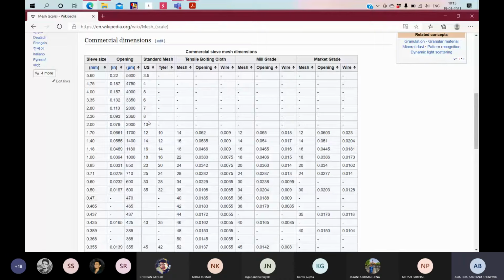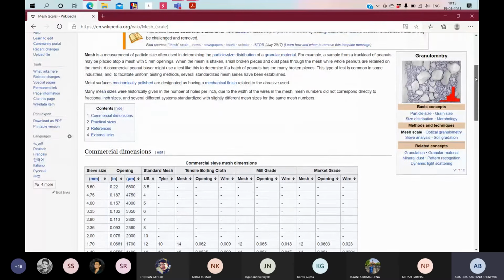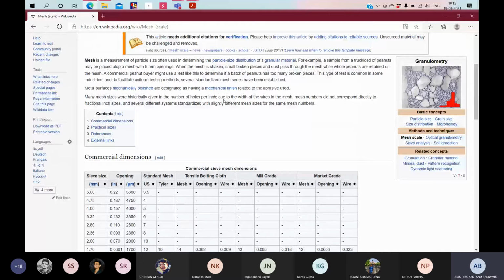Now what this number signifies, if you see the definition, as you may have the idea from your mineral beneficiation lab, the mesh size is defined by the number of holes per inch.